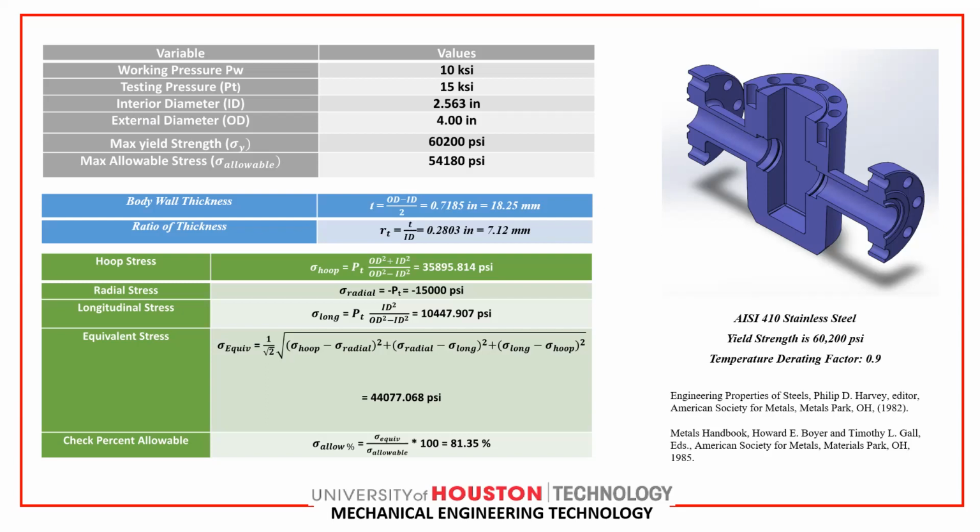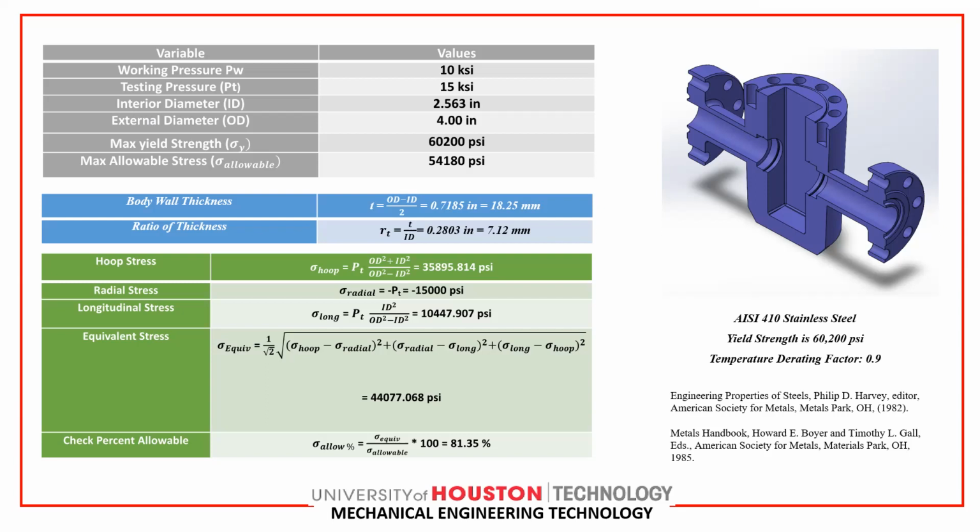The body wall thickness is equal to the external diameter minus internal diameter divided by 2, which is equal to 0.7185 inches, or 18.25 millimeters. The ratio of thickness is equal to thickness divided by the internal diameter, which is 0.2803, equal to 7.12 millimeters.